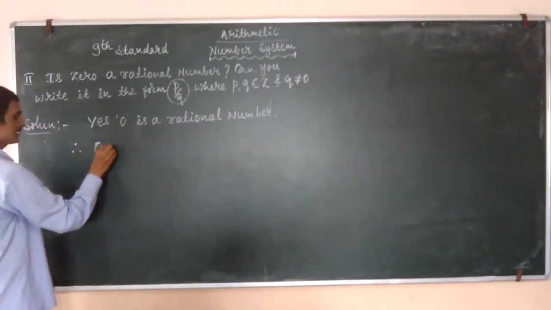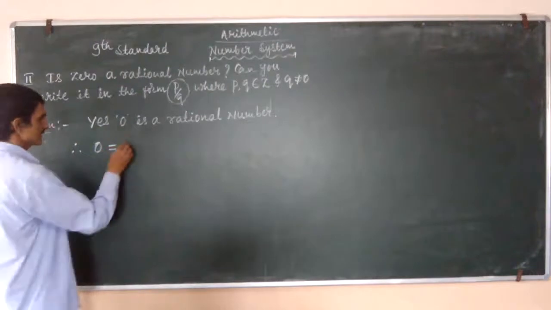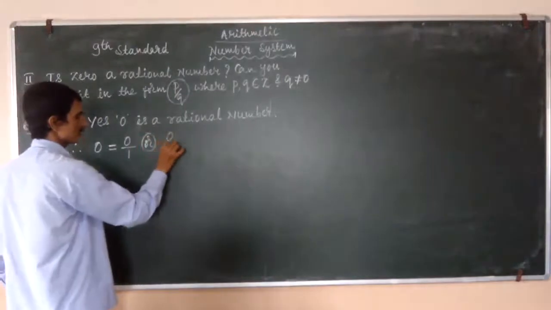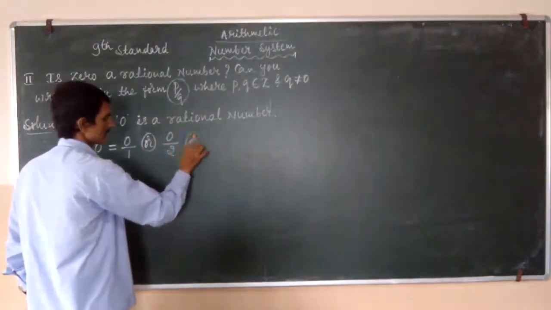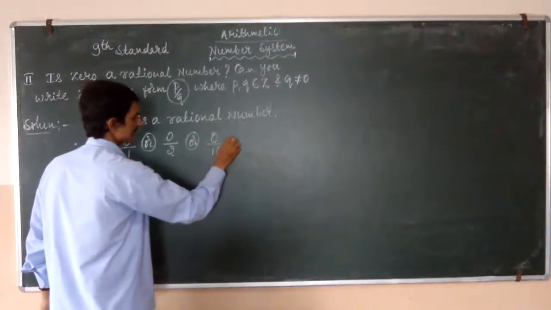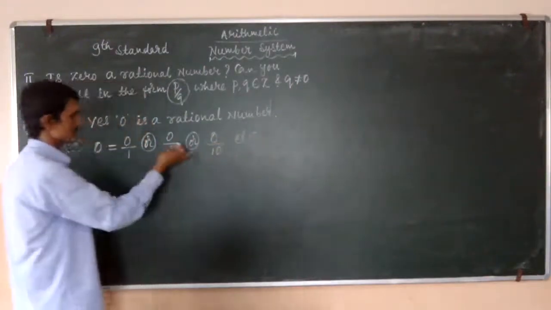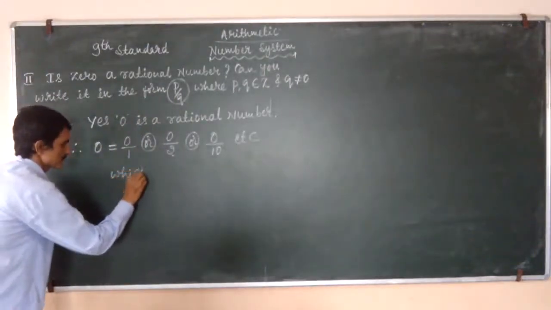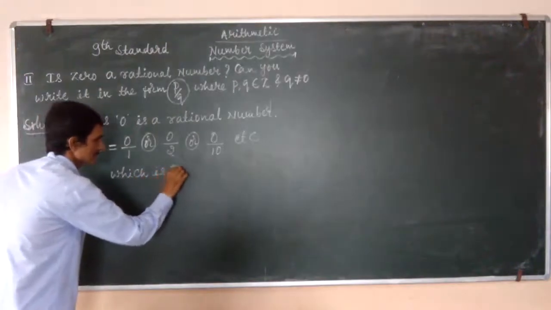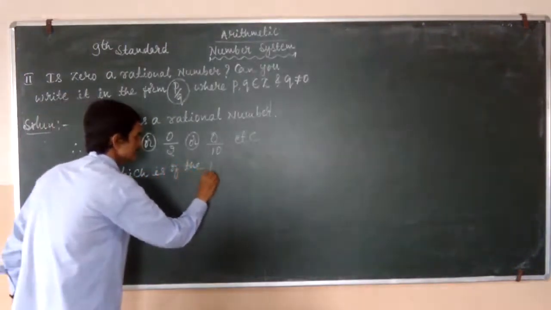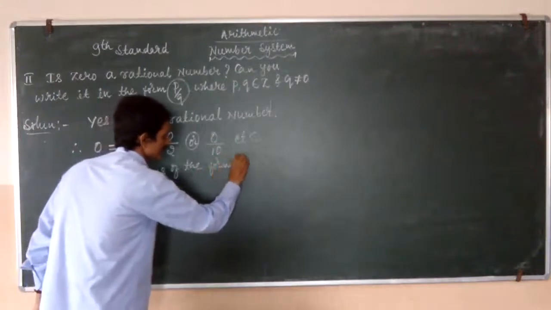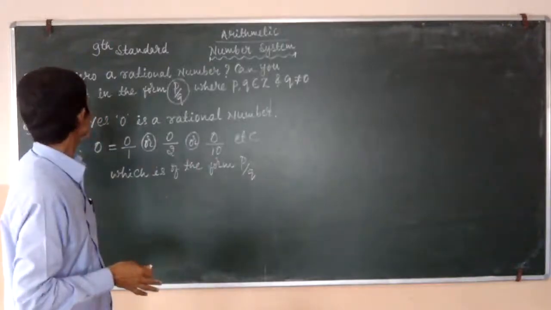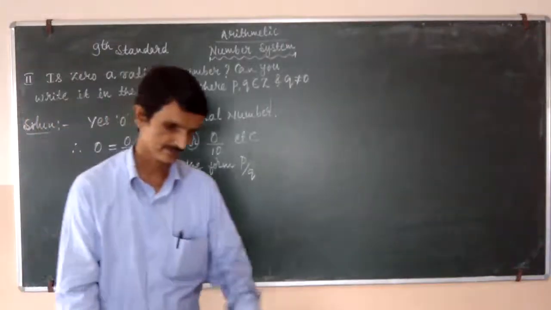Therefore 0 can be written as 0 by 1 or 0 by 2 or 0 by 10, etc., which is of the form p by q. So therefore 0 is a rational number.